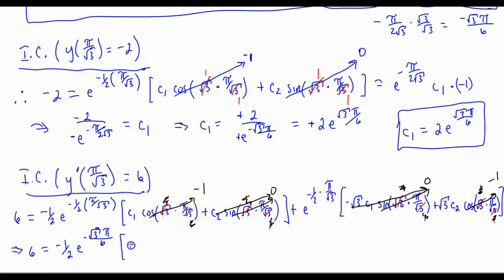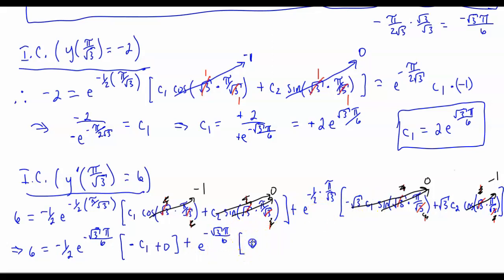And this will be a minus C1 plus 0. Again, e raised to the minus square root of 3 pi, all that divided by 6.